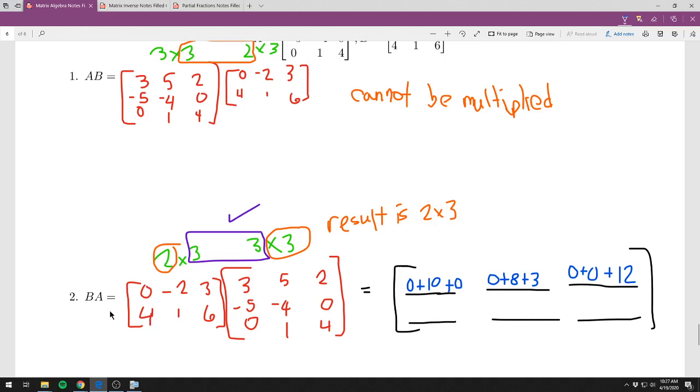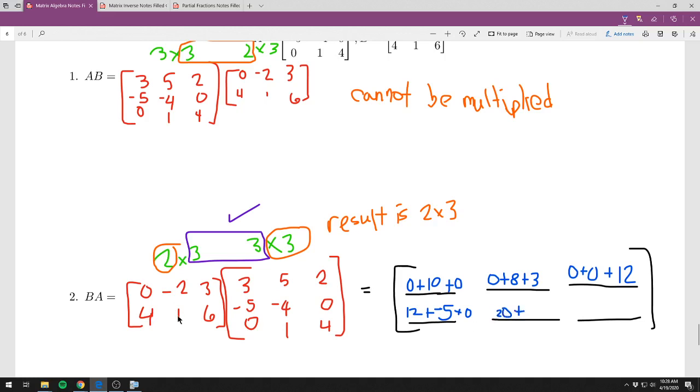And then down to the second row entries. Row 2, column 1, we got 4 times 3 is 12. Plus 1 times -5 is -5. Plus 6 times 0 is 0. Row 2, column 2, we go across row 2 and down column 2. 4 times 5 is 20.